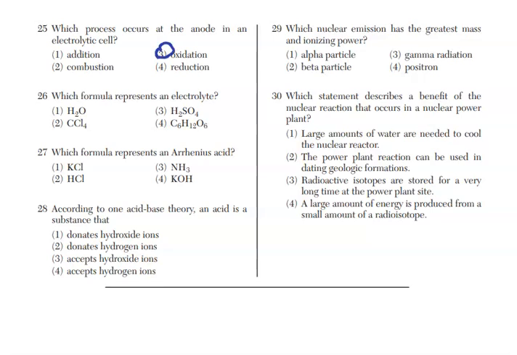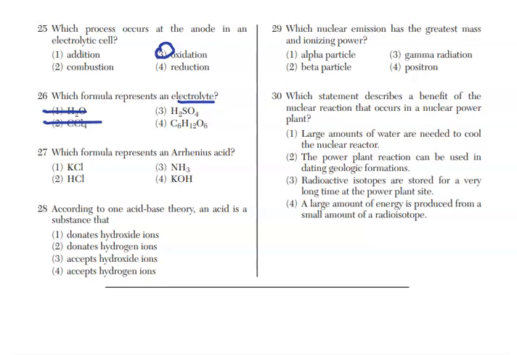For 26, which formula represents an electrolyte? Now, an electrolyte is a substance that not only dissolves in water, but will break apart into ions. Water, when it dissolves in water, is not our answer. Carbon tetrachloride doesn't even want to dissolve in water because carbon tetrachloride is nonpolar, water is polar.